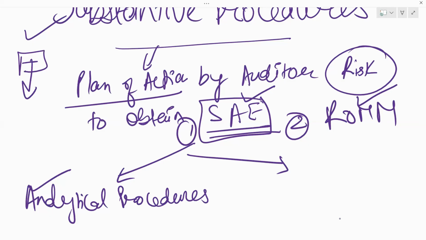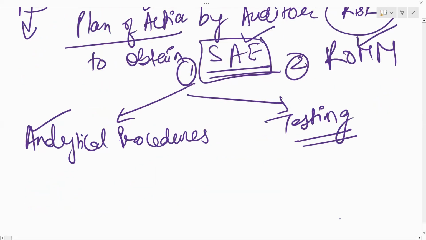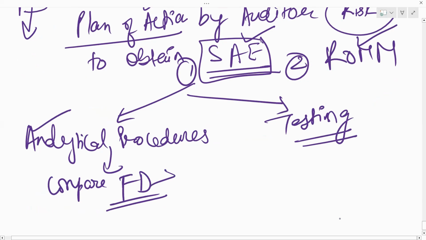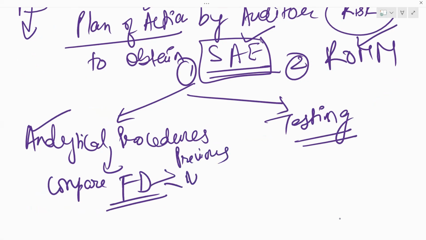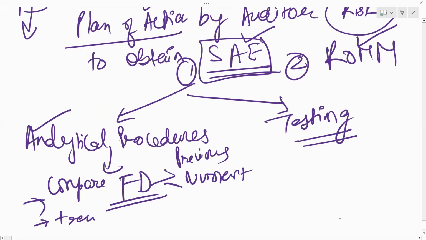And then there can be general testing, right? So analytical procedures are nothing but they compare your financial data from the previous year to the current year. So this is a comparison, or I can also check the trends in the ratios.